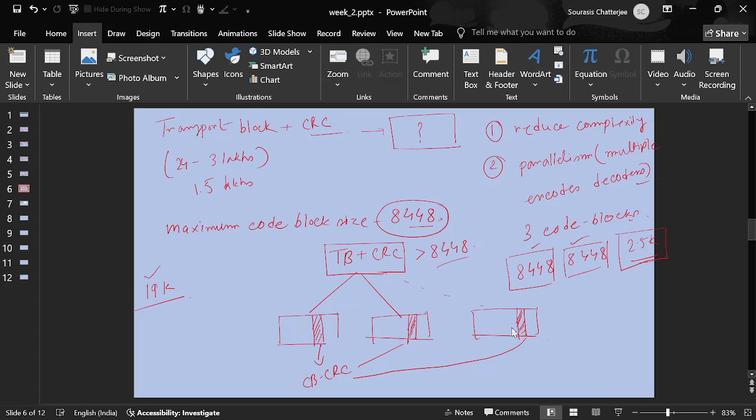That's my argument from my end. So why not fill the first two code blocks with the maximum bits and leave the third one with whatever is remaining?